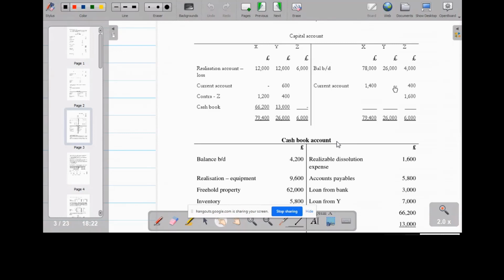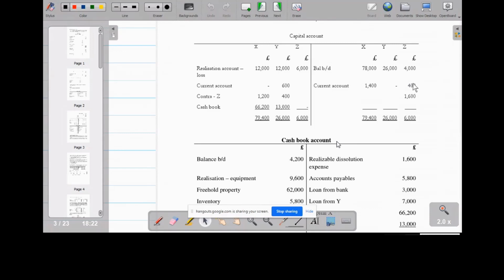So when you put that, on the side of realization loss, partner X is sharing 12,000, partner Y is sharing 12,000, and partner Z is sharing 6,000. At this point, when you look at the account for partner Z, the debit side is 6,000 and the credit side is 4,400.